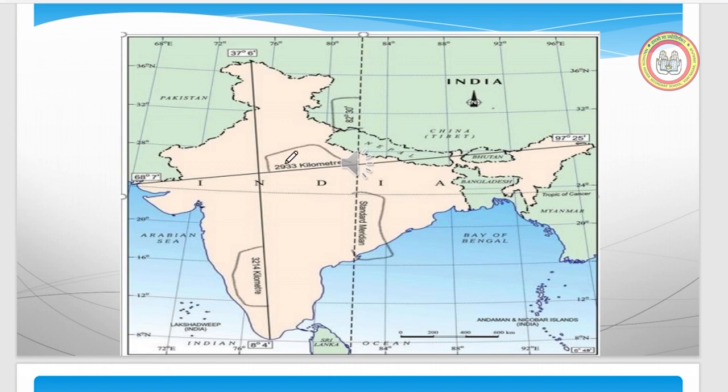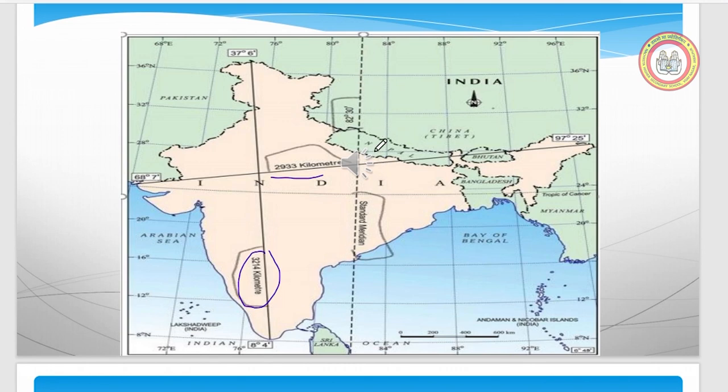Our country's north-south extent is 3,214 kilometers and east-to-west extent is 2,933 kilometers. So the east-west extent appears to be smaller than the north-south extent.